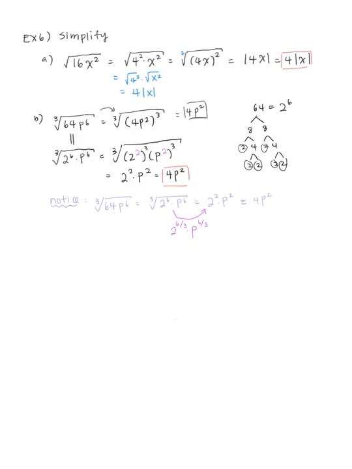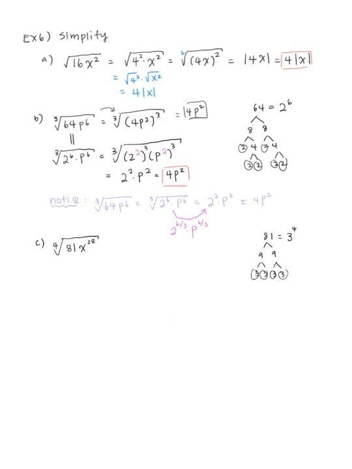So if that didn't make sense, let's take a look at another example. Let's look at the fourth root of 81 x to the 28. First, I'm going to break it down into a product of primes. 81 is 3 to the 4th power, because we have 1, 2, 3, 4.